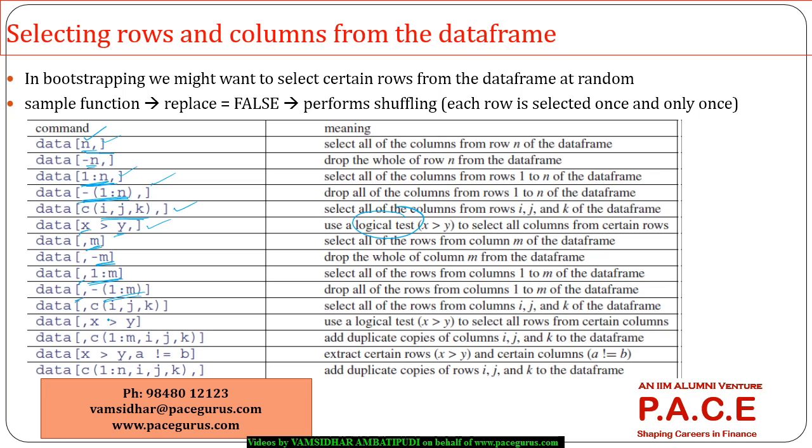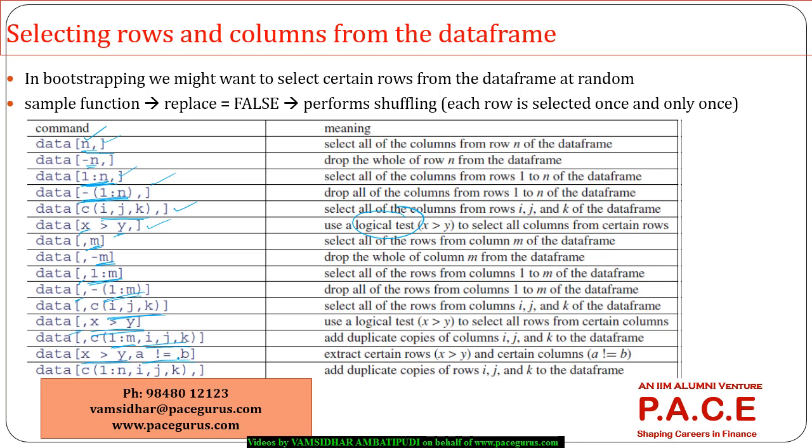All the rows, column number I, j, k. All the rows in columns where x is greater than y. All the rows, get the columns 1 to m in a sequence, along with them get I, j, k, other 3 columns as well. Then it says get all the rows where x is greater than y and all the columns where a is not equal to b.